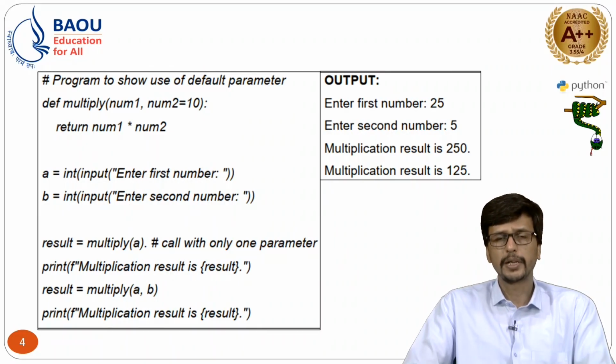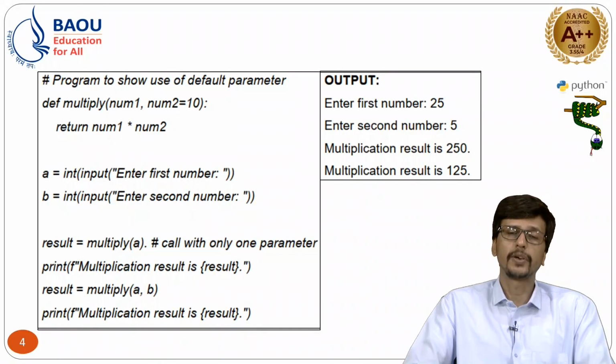Now, we are taking two values from the user, A and B. We are calling the function, for example result equal to multiply(A). So, here in the function call we are passing only one value, that is A. So, what happened? The other value, for number2, will be 10, which we have already defined in the function definition, right?